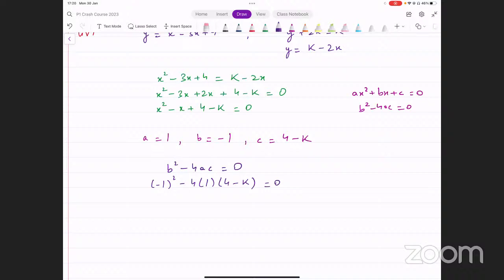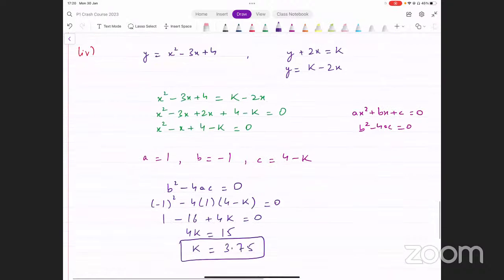Now we just need to solve this equation. 1 minus 4 into 4, which is 16, minus 4 into k, minus 4 into minus k, which is plus 4k. Now we've got minus 15 that goes to the other side and becomes plus 15. And the value of k turns out to be 15 over 4, which is 3.75. This is what we were looking for.